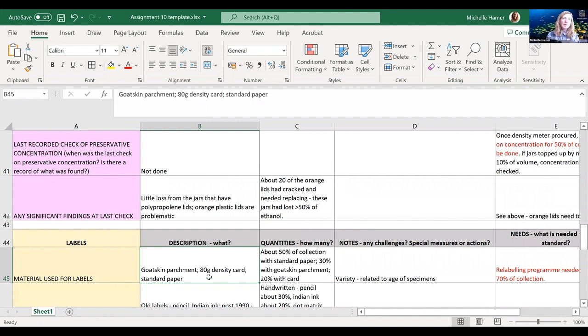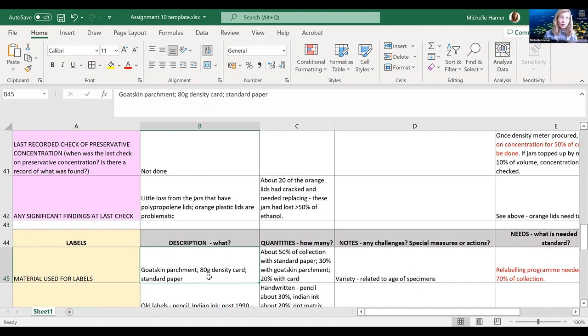Then it might have been printed with a dot matrix printer. Then it might have been printed with an ordinary laser printer, then later with a thermal or heat printer. And to know what's been used and when it changed and how much of the collection has all these different kinds of labels may be challenging.